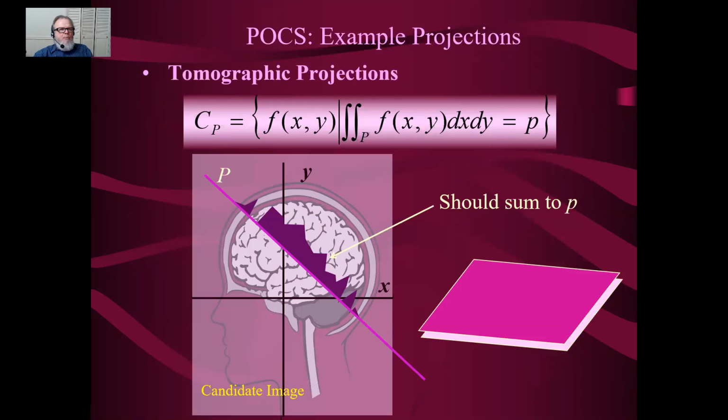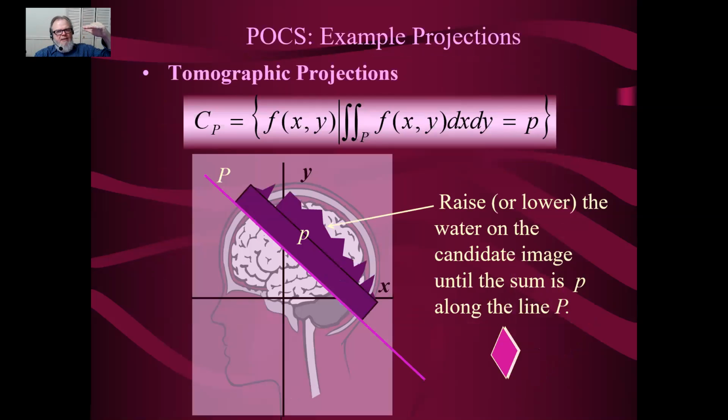Now, the tomographic projections are the same as the constant area. So if you have a projection which should sum to P and it doesn't sum to P, you need to raise the water level or lower the water level along that projection. That's it. And that is the projection for a given P on that convex set.